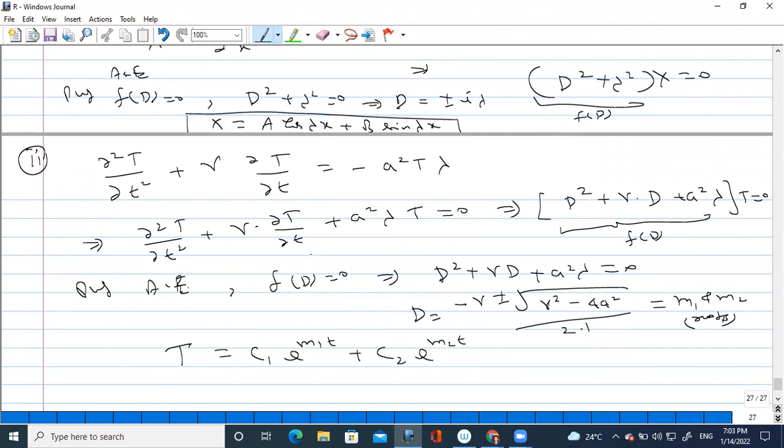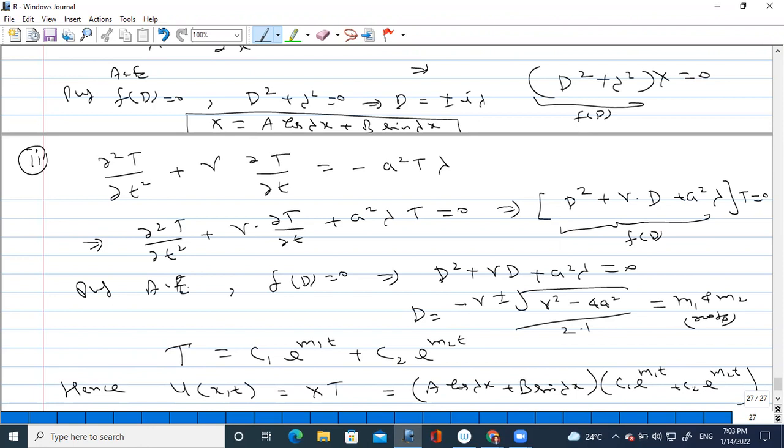So this is your t, this is your x, hence u(x,t) will be x into t. It means you have to multiply both. So this will be (a cos lambda x plus b sin lambda x) into (c1 e to the power m1 t plus c2 e to the power m2 t). So again here a, b, c1, c2, 4 coefficients are there. Understood?